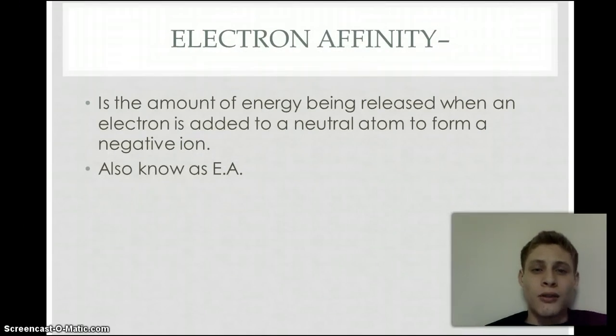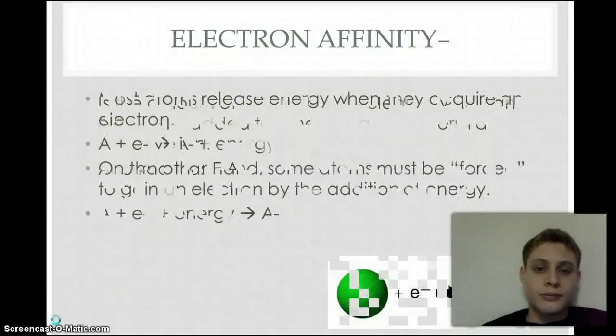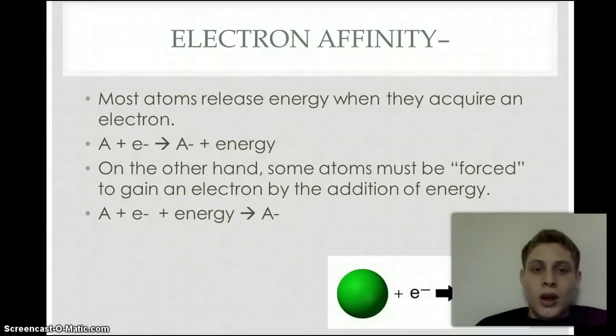Electron affinity is the amount of energy released when an electron is added to a neutral atom to form a negative ion. EA is the abbreviation for electron affinity. Most atoms release energy when they acquire an electron, so an atom plus an electron yields a negatively charged atom with energy.